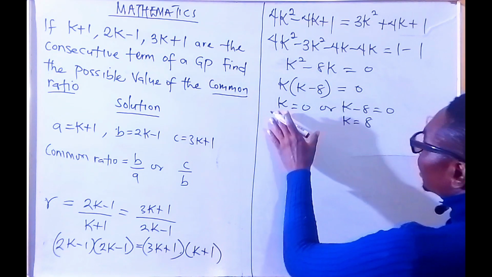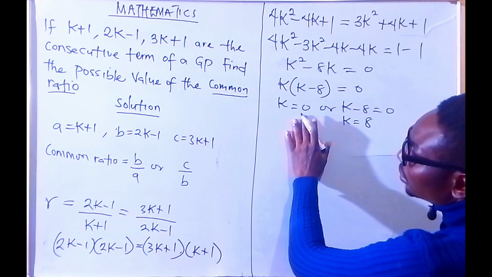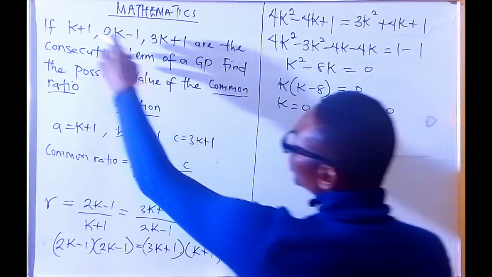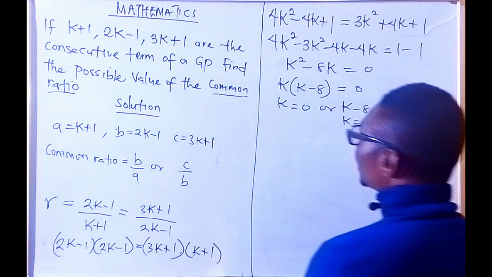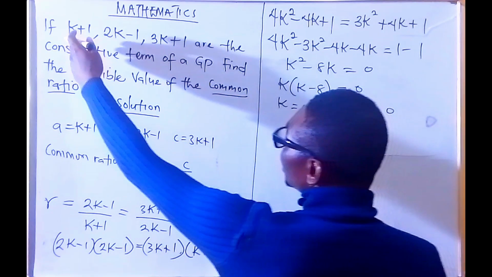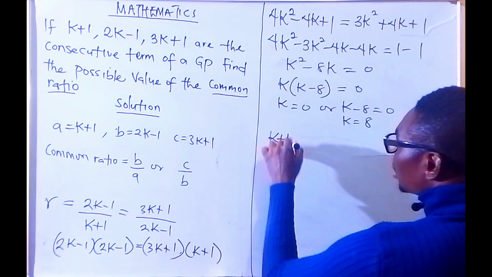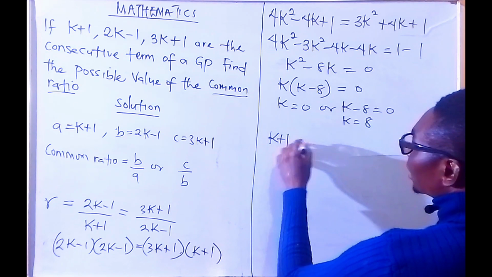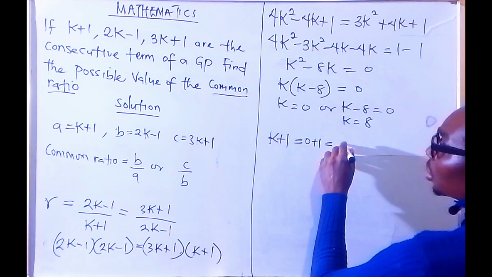Now, let's represent k as 0. Then let's substitute into the values here. Anywhere we see k, we put 0. So k plus 1 will be 0 plus 1, which is equal to 1.